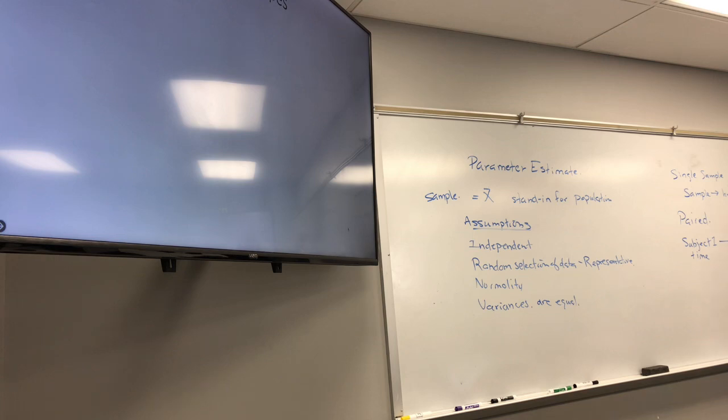And so you would have a speed for this individual before and after, this individual before and after, this individual before and after. Which of these assumptions does this data set violate? Somebody other than Karis.